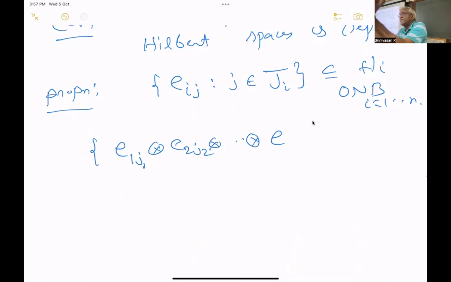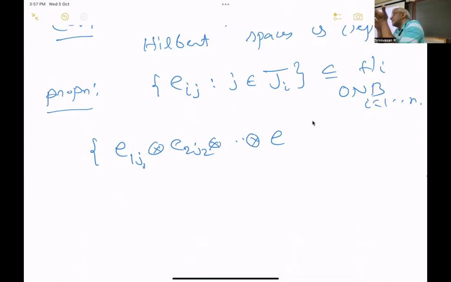That is equal only if the ordered tuple is equal. That is equal to one if j_i equals k_i for all i, equal to 0 otherwise. Okay? So this is an orthonormal set, because it breaks into a product.